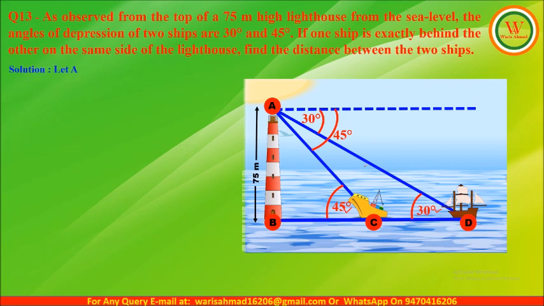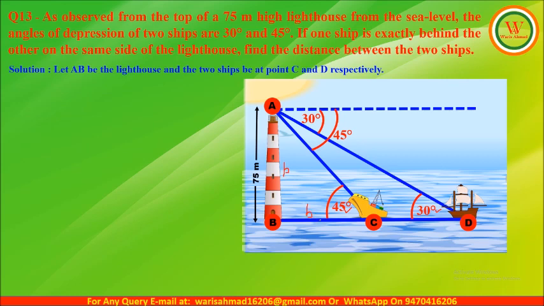Let AB be the lighthouse and the two ships be at points C and D respectively. So first of all we will consider triangle ABC. This is the angle. The side opposite to this angle will be taken as perpendicular and this will be taken as base.